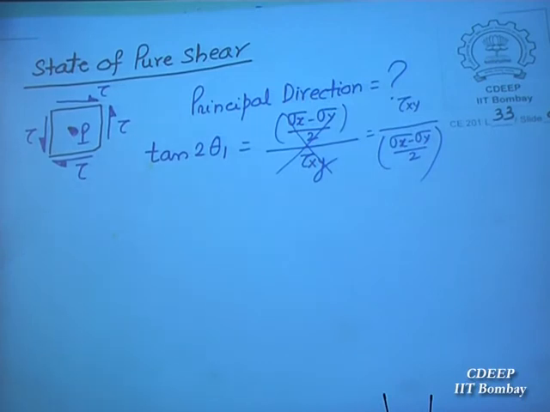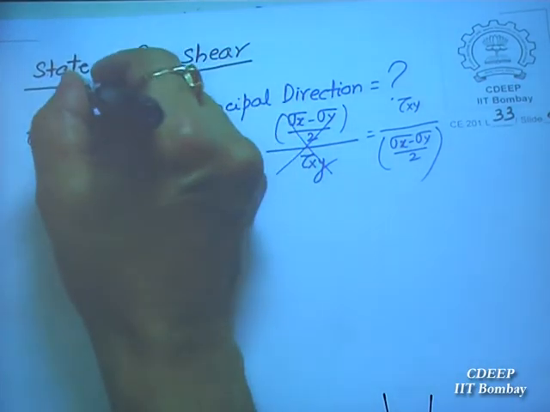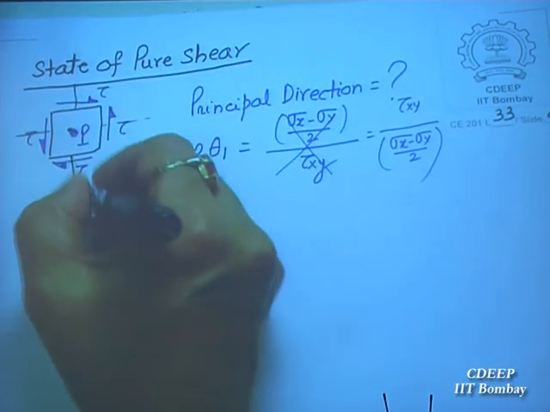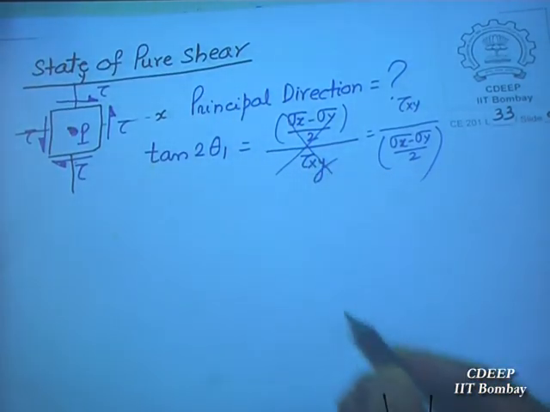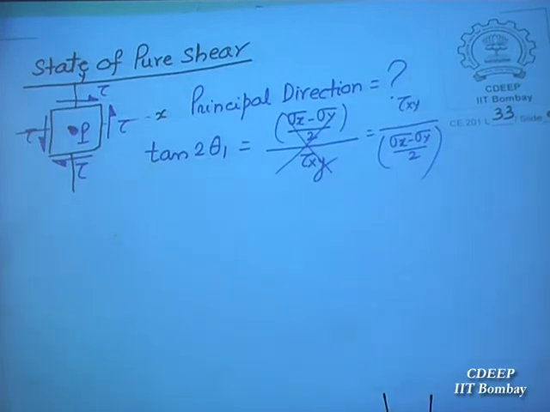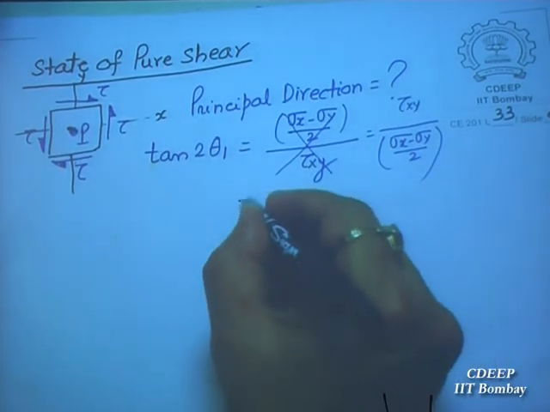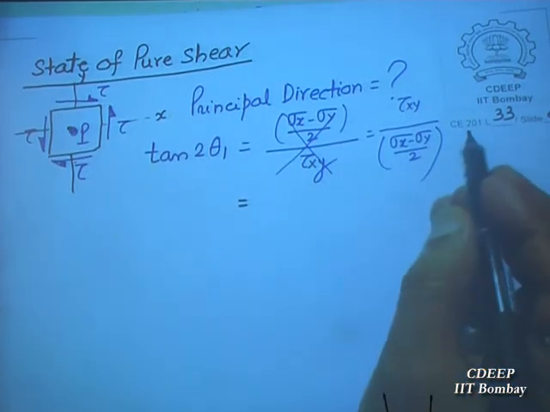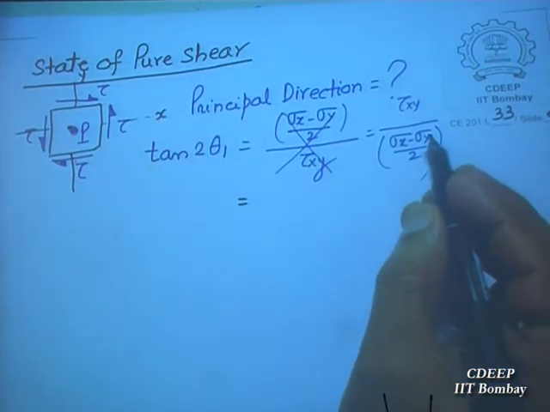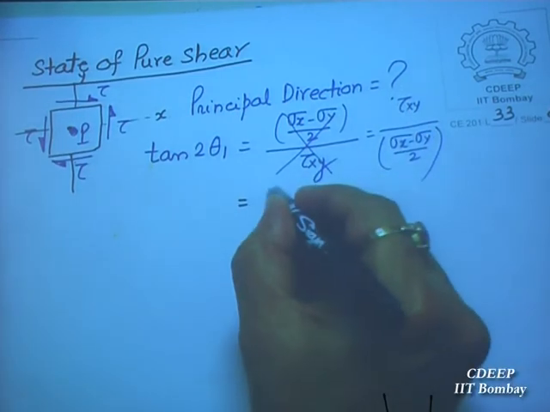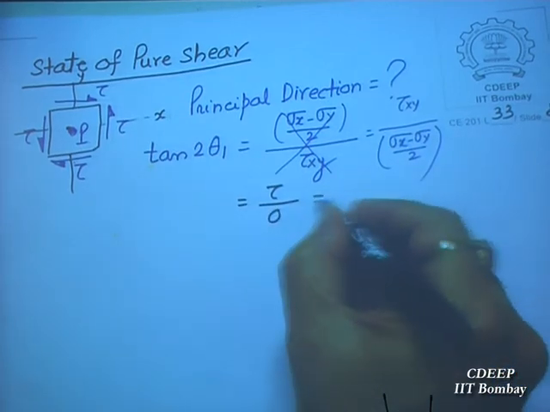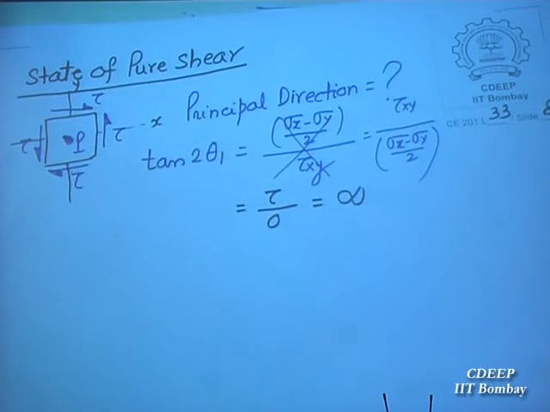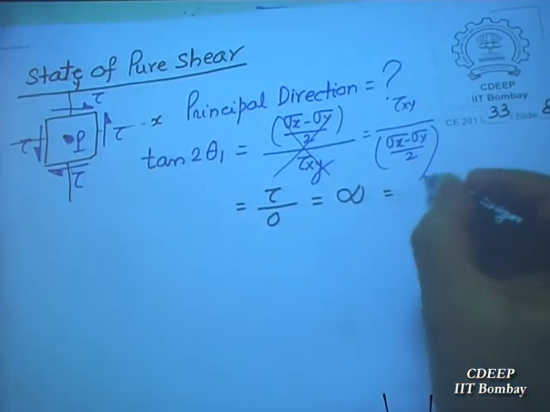So there is no sigma x, there is no sigma y. These are the two directions. This is x, this is y. So therefore this is equal to just tau xy, and tau xy is tau by 0. Sigma x is 0, so that is equal to infinity. So that means this is equal to 90.